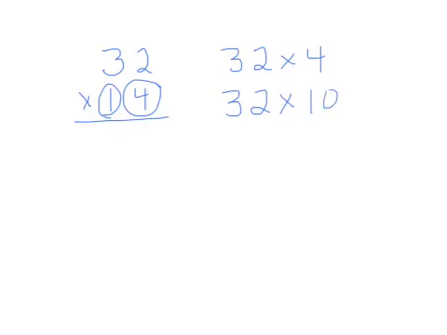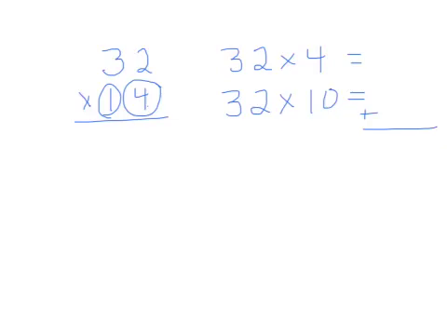That's not a 1, that's a 10 because it's in the tens place. 1 in the tens place makes 10. So whatever 32 times 4 is and 32 times 10 is, if I add those together, I should get what 32 times 14 is.